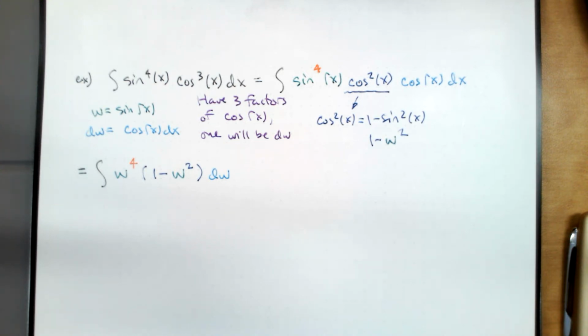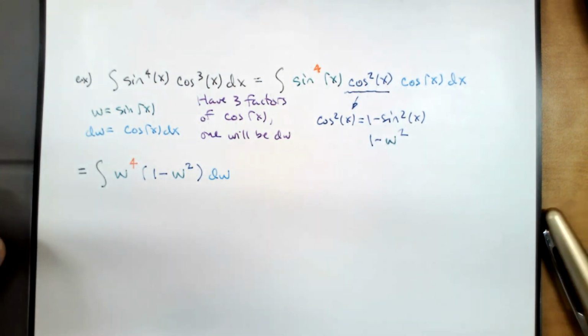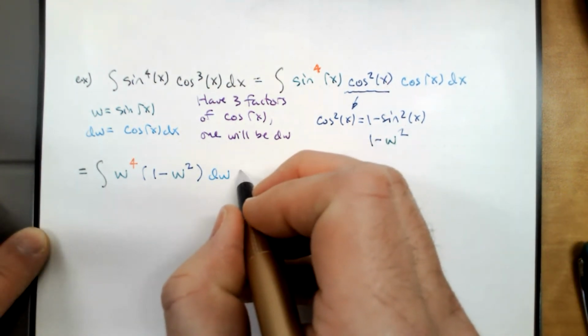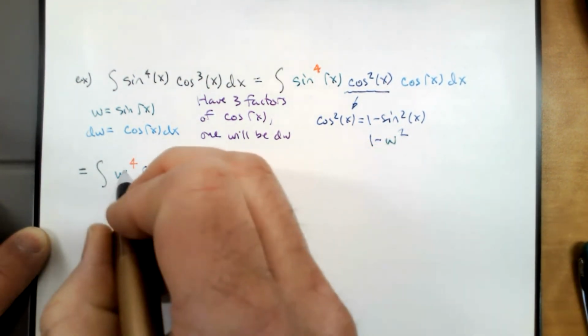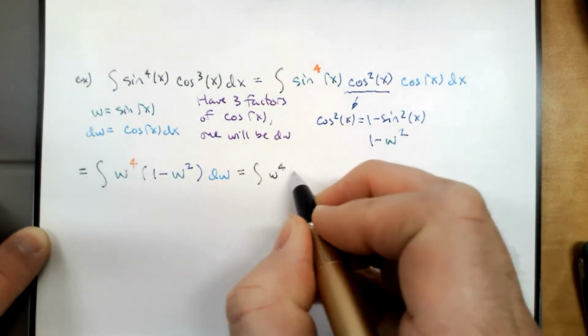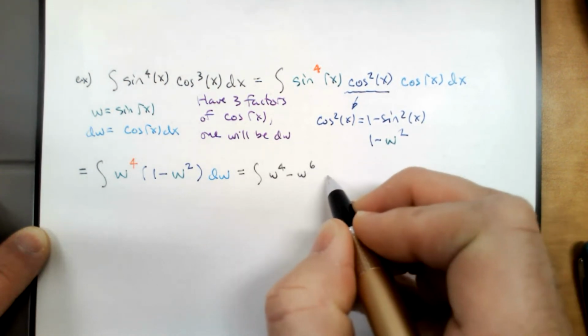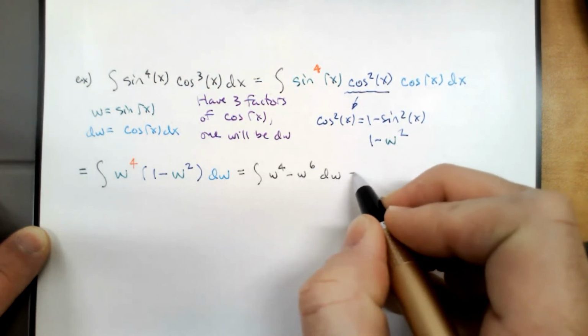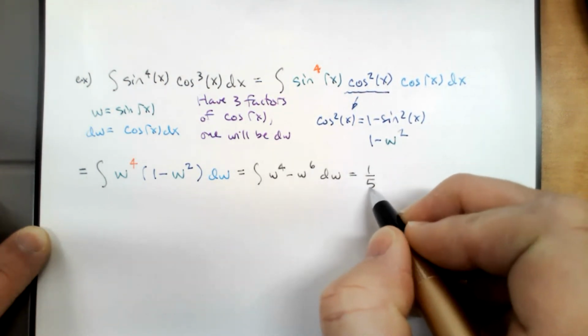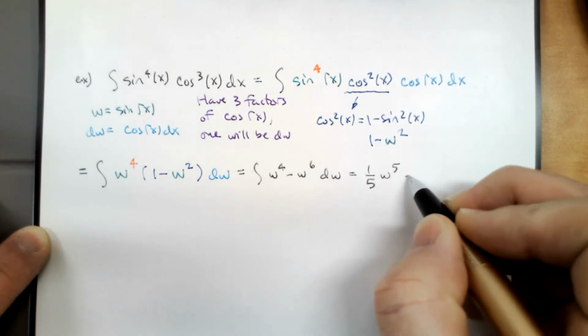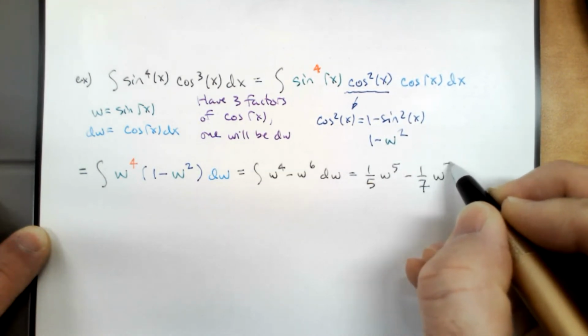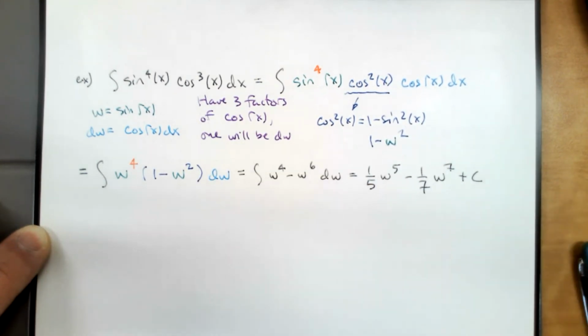Now I can write this as powers of W, so we should. And I'm just going to drop to monochrome. We distribute W to the 4th minus W to the 6th, dw. We integrate 1/5 W to the 5th minus 1/7 W to the 7th plus C because we've integrated.